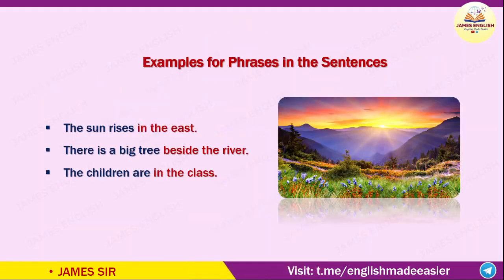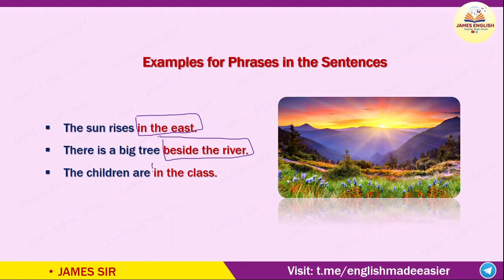Let me provide a few more examples within a sentence. Please read the following examples. The sun rises in the east. Can you please tell me what is the phrase here? Very good. Here the phrase is in the east. Then what about the second example? There is a big tree beside the river.